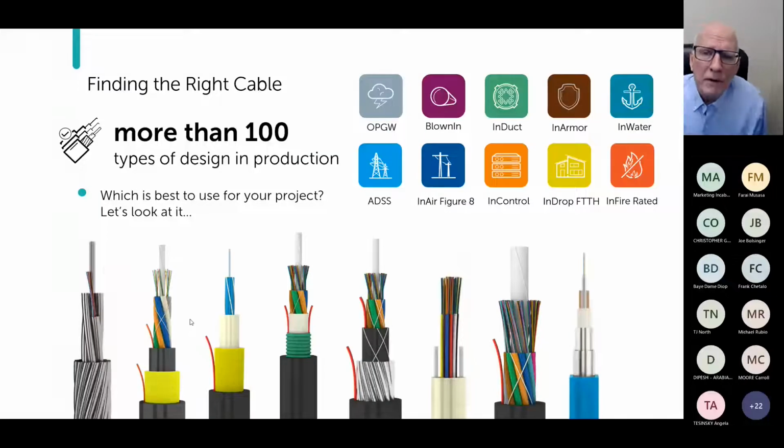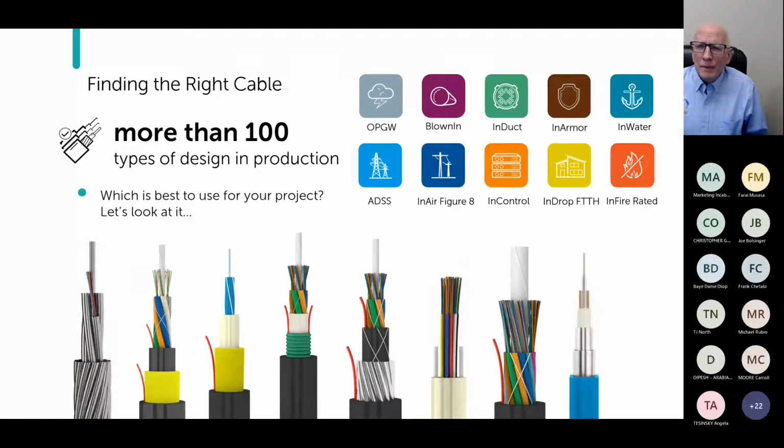So when you get into the world of fiber optic cables, it's easy to feel overwhelmed because there are hundreds of different design types available. And then within each design type, there might be hundreds more variations, a change in fiber count or a change in fiber type comes into play.